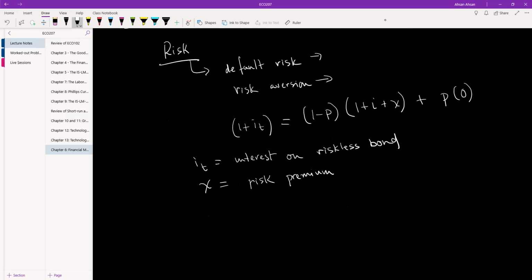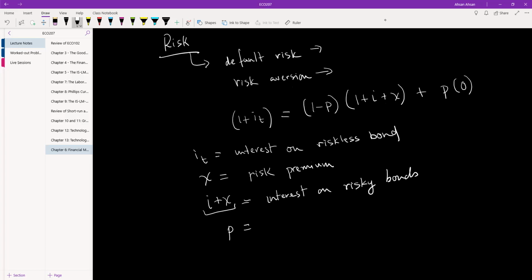So therefore, I plus X together gives us interest on risky bonds. So if x is 0 and there is no risk, then you pay I, and then as x begins to go up, as risk begins to go up, the interest that you pay, I plus x, begins to go up.